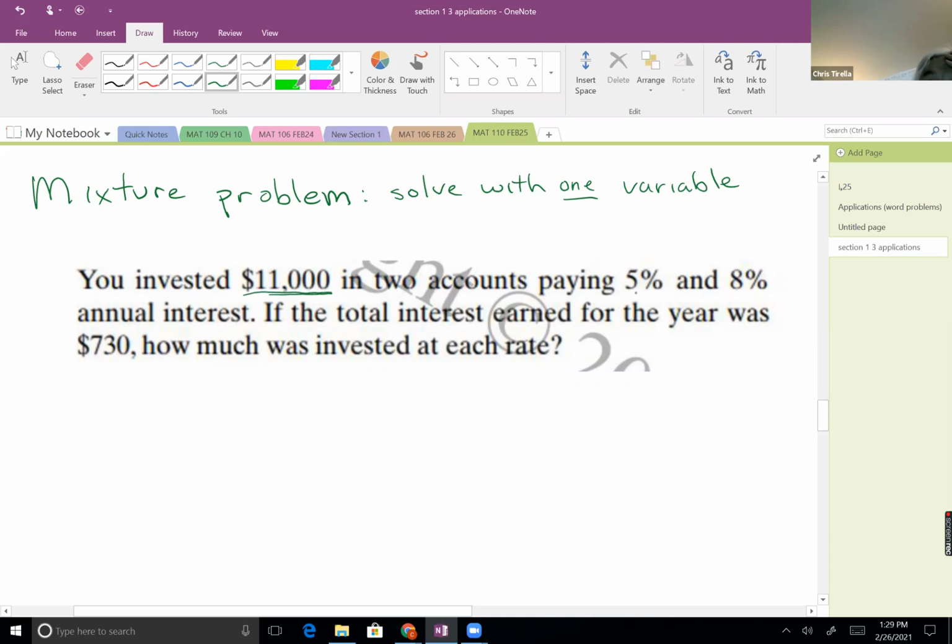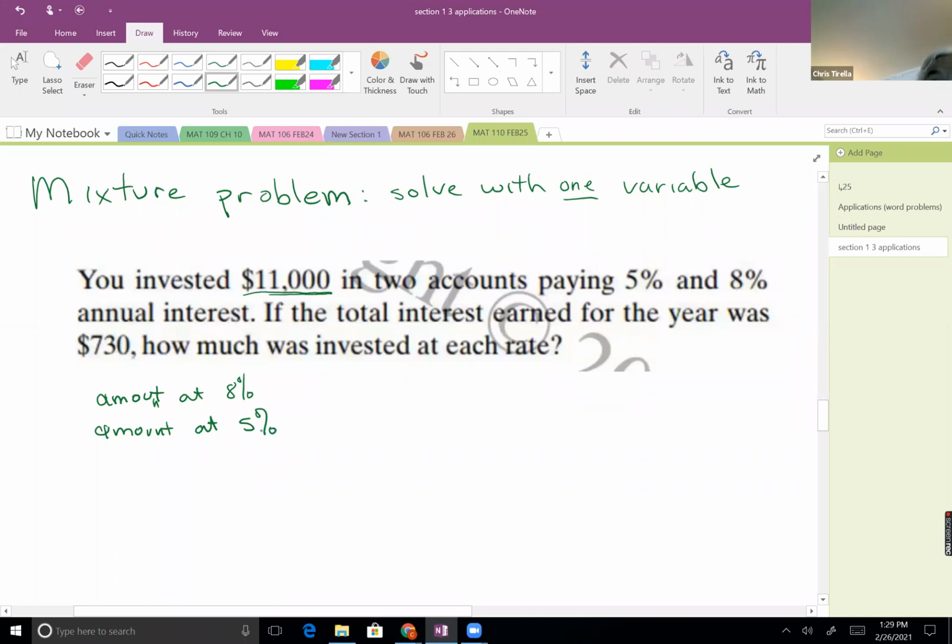One pays 5% and the other pays 8%. If the total interest earned for a year was $530, how much was invested at each rate? And so we need to find the amount at 8%, and we need to find the amount at 5%.